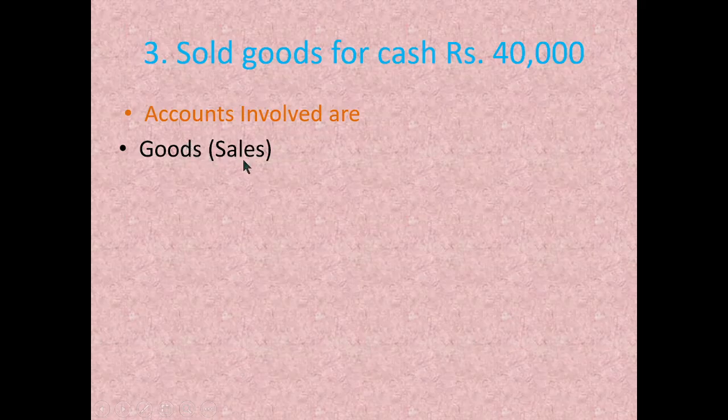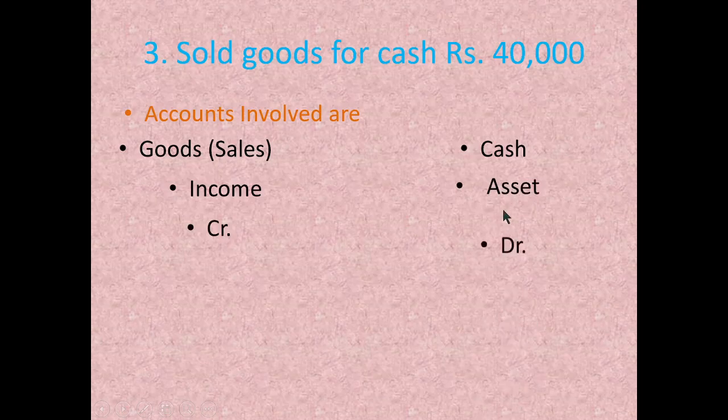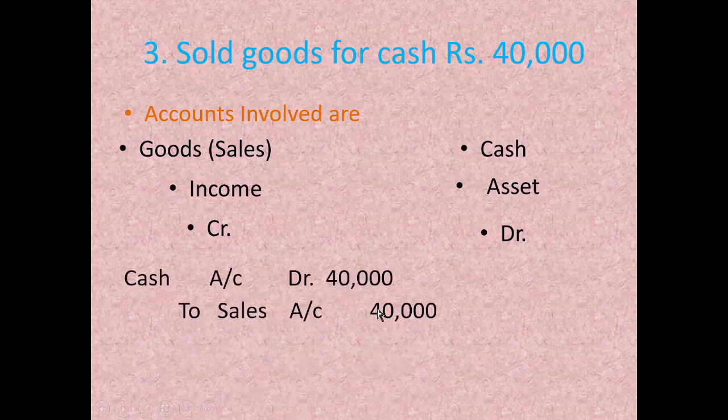Sold goods, account name is sales, and the amount received is cash account. So sales, it's an income for the business. What is the balance? Income means credit balance. Cash is an asset. What is the balance? Debit. So account to be debited is cash, credited is sales. Journal entry is cash account debit 40,000 to sales account 40,000. What is the narration? Being sales made.